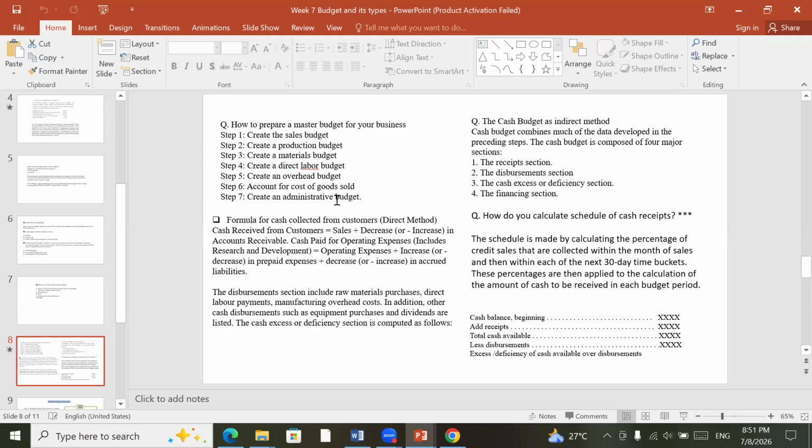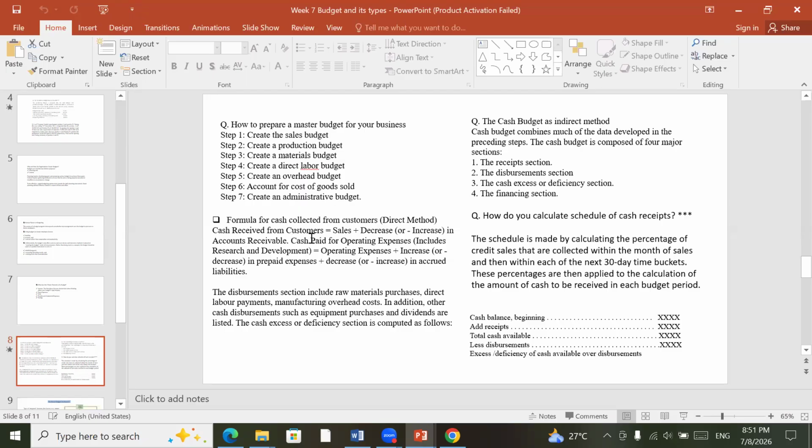Then automatically it will be the master budget. So master budget is the summary of all budgets. Okay. To ready the master budget, you have to ready all budgets separately, then put a heading on each individual budget. This will be the master budget.